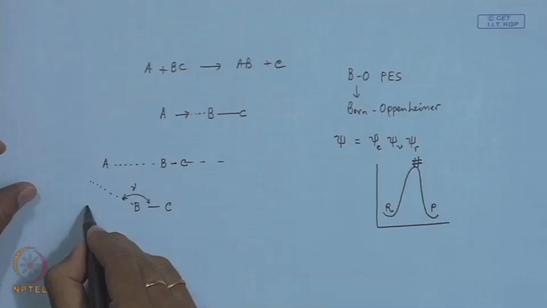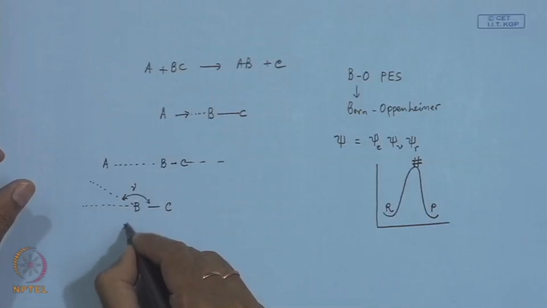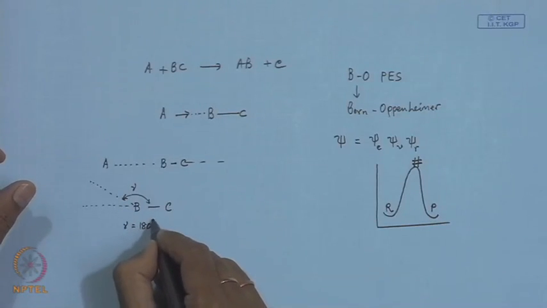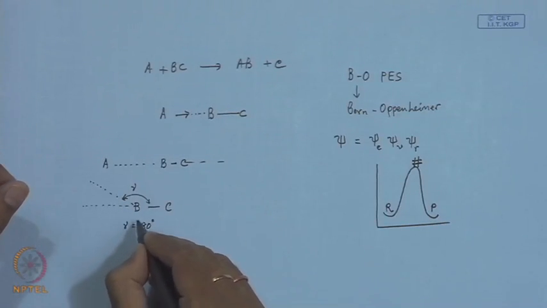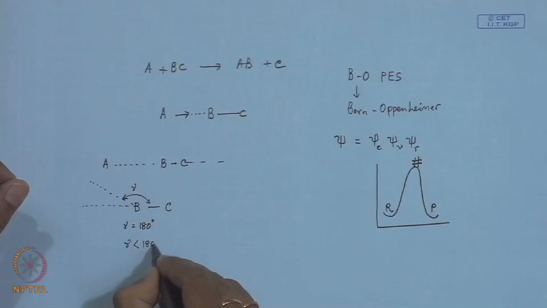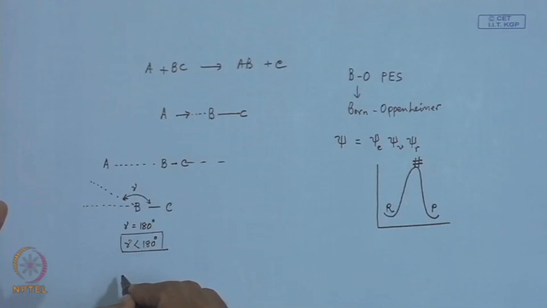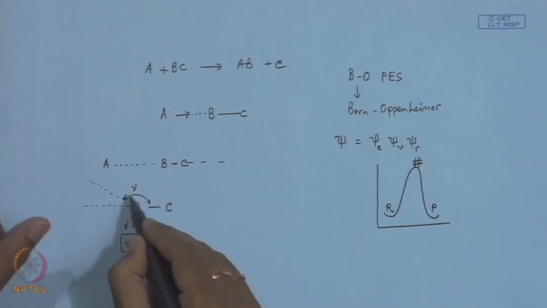Suppose this is your optimal angle, gamma equal to 180 degrees. In another case, if gamma is less than 180 degrees, maybe you need more energy to overcome this barrier, that is, the barrier is higher.